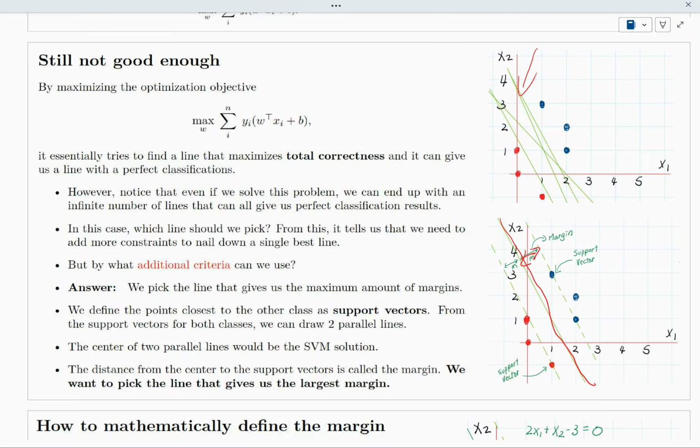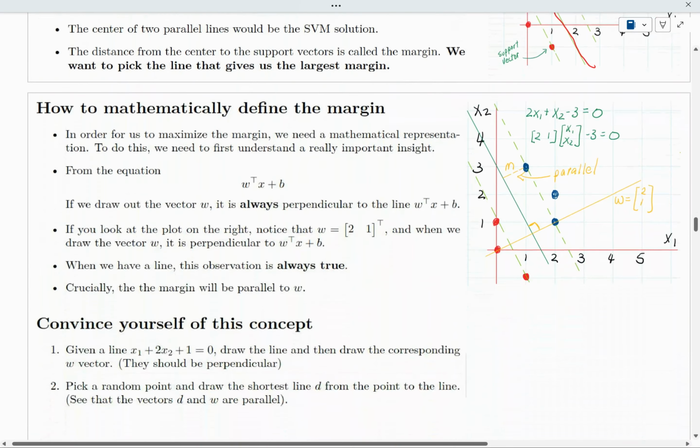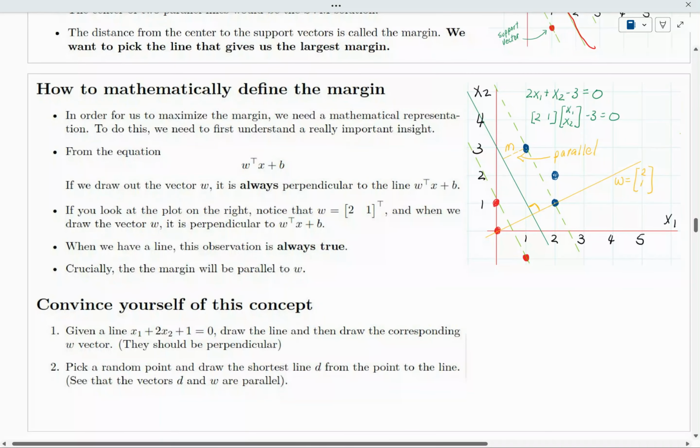So now the key is, how do we go about calculating the margin? Because we want to maximize the margin. So we want to maximize correctness, which is what we did previously, and now we want to maximize the margin. How do you mathematically define the margin? Okay, first, to understand the margin, we need to understand that this is the equation of a line.